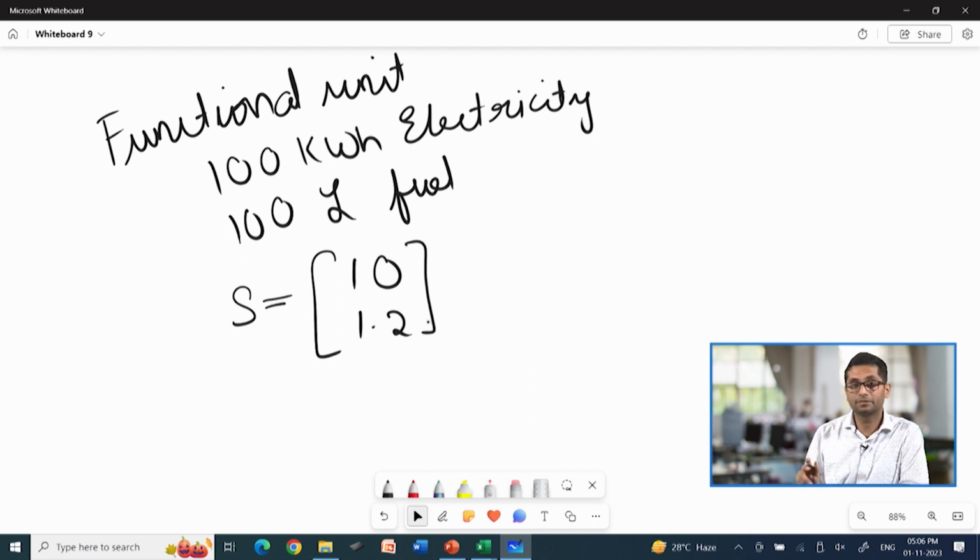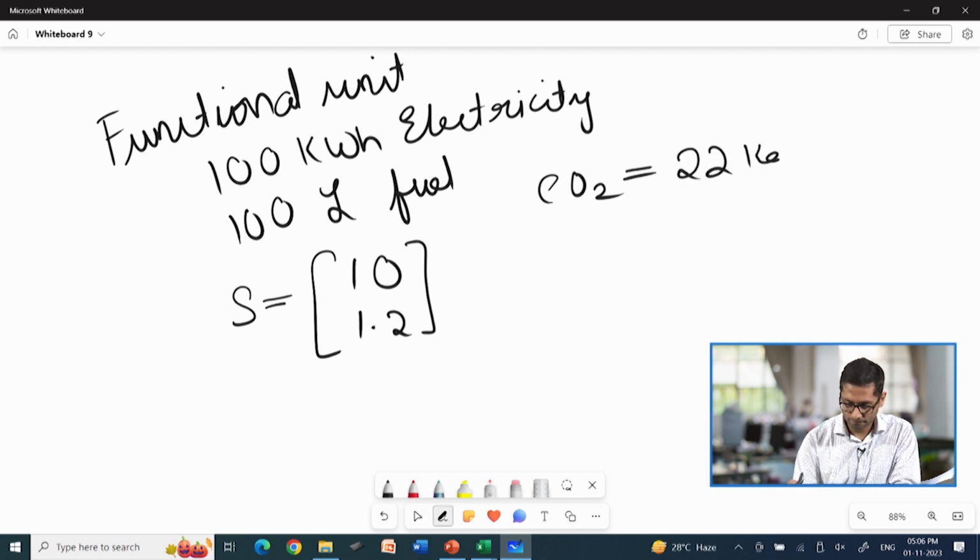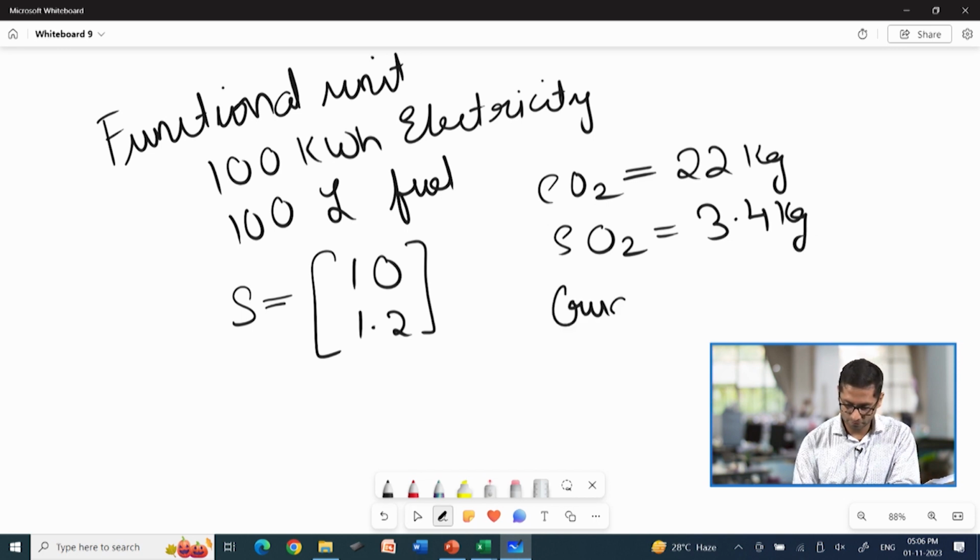So the first unit process should be multiplied by a factor of 10, and the second unit process by a factor of 1.2, and the ultimate result would be that the CO2 produced would be 22 kgs, the SO2 produced would be 3.4 kgs, and the crude consumed for this particular function unit would be minus 60 liters.